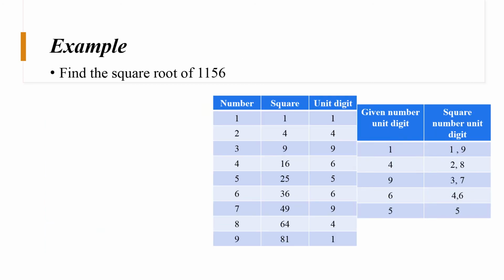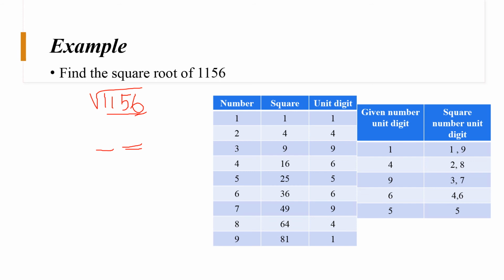In this problem, they ask you to find the square root of the number 1156. Here the answer will be only 2 digits because the given number is 4 digits. For finding the unit digit of the square root, first you see the unit digit of the given number.